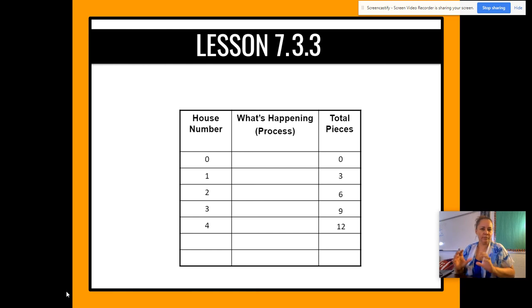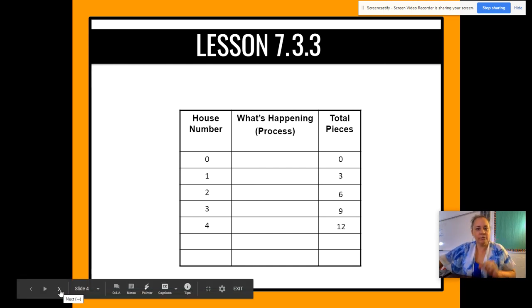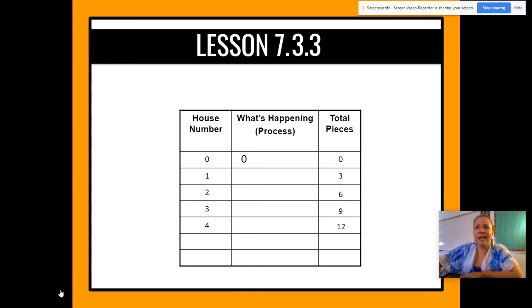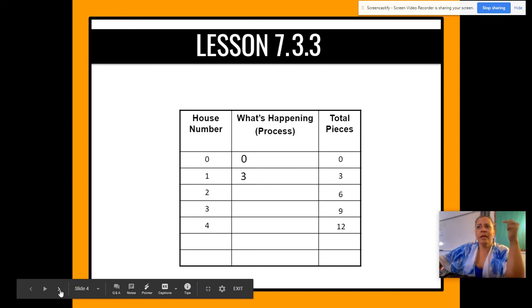This would be a good place for you to write some notes in your guided notes, or create a table in your notes and you can set it up. So I know that as I go from 0 to 3, I'm definitely adding 3 pieces to the house each and every time. So I see this constant addition of 3.